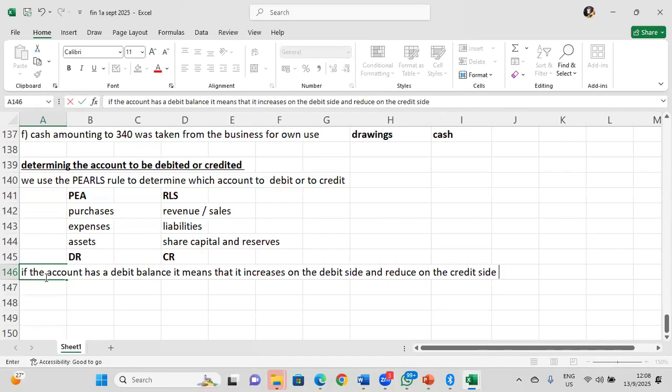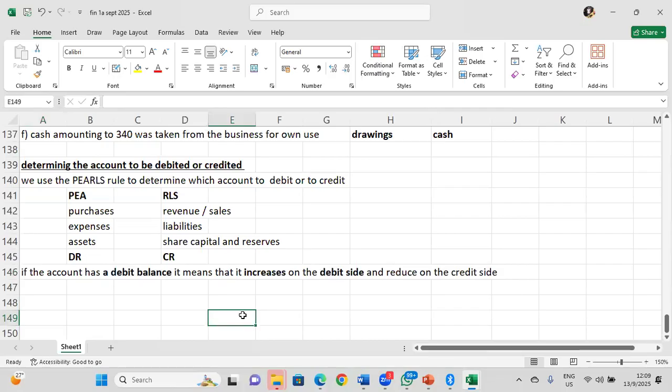So if we want to increase purchases, we put them on the debit side because they have a debit balance. But if you want to reduce purchases, you do the opposite. If we buy more goods, that's increasing purchases, you put it on the debit.